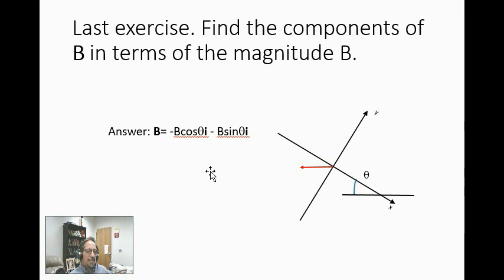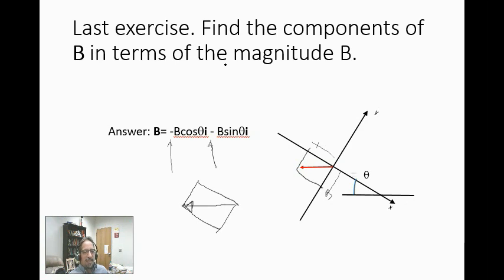And now let's see the answer. The answer that you should get is that in terms of the magnitude of the vector, which is B, you have, let's see, look at this rectangle, nice rectangle, and you have a negative in the x, negative in the y, so that's why there's negatives there. And then from this, look at that rectangle, and this is horizontal.